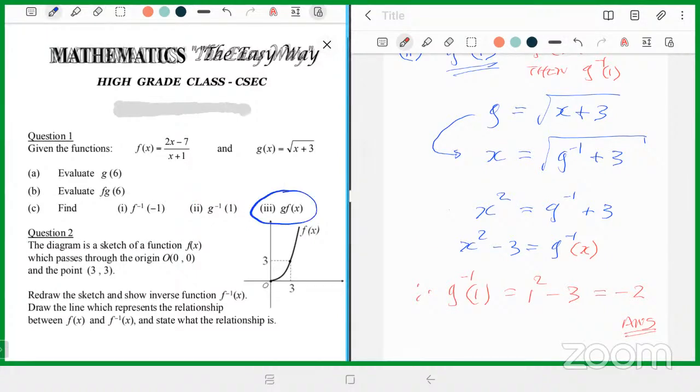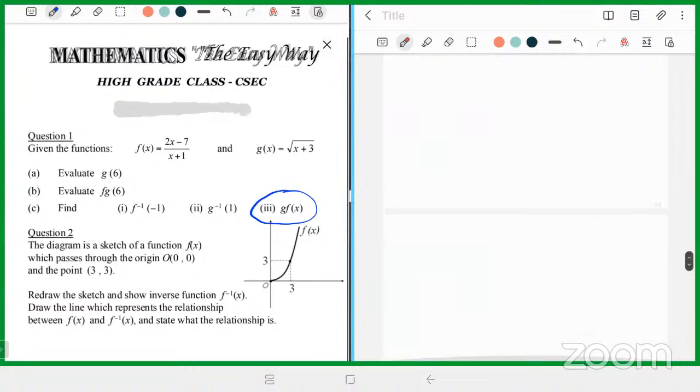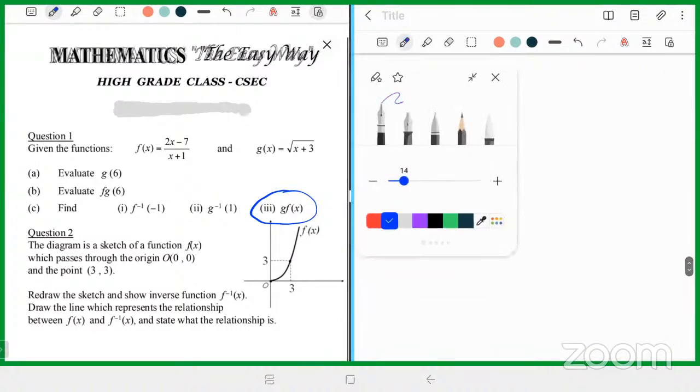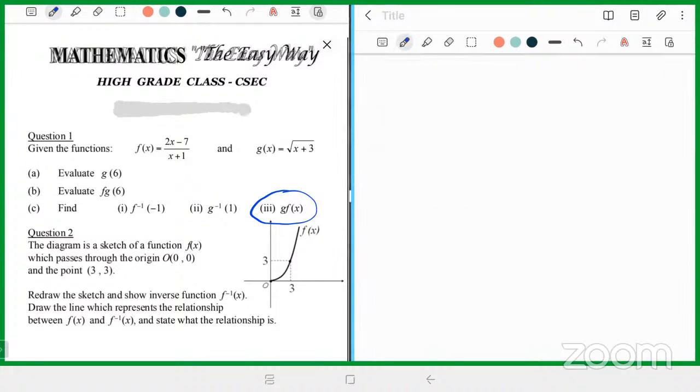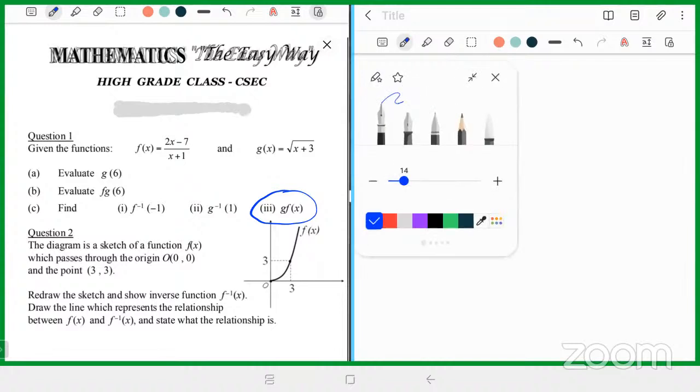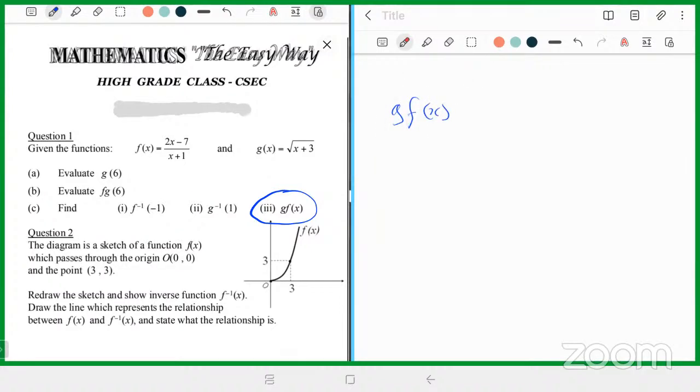Next part wants us to find g of f of x. All right, let's look at it. So we're now trying to find g of f of x. It's a composite function. What does it mean? It means you're substituting the f into the g.